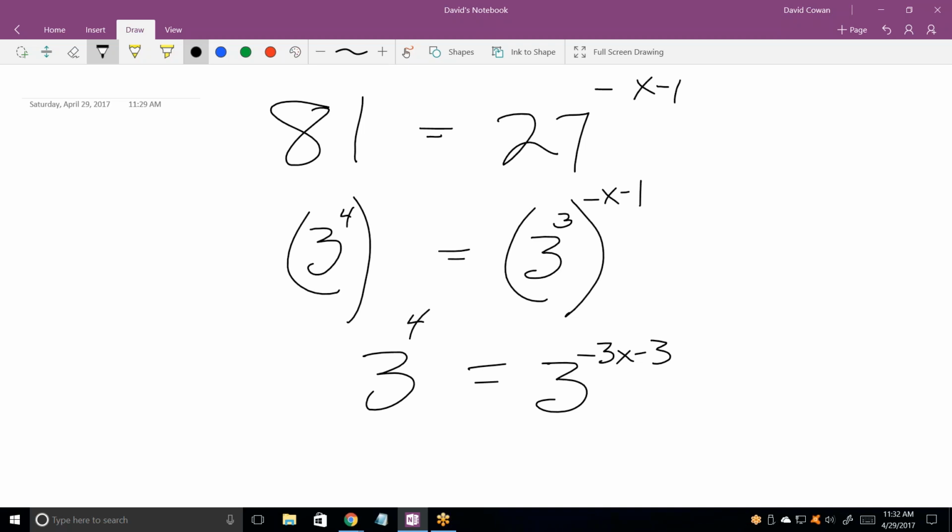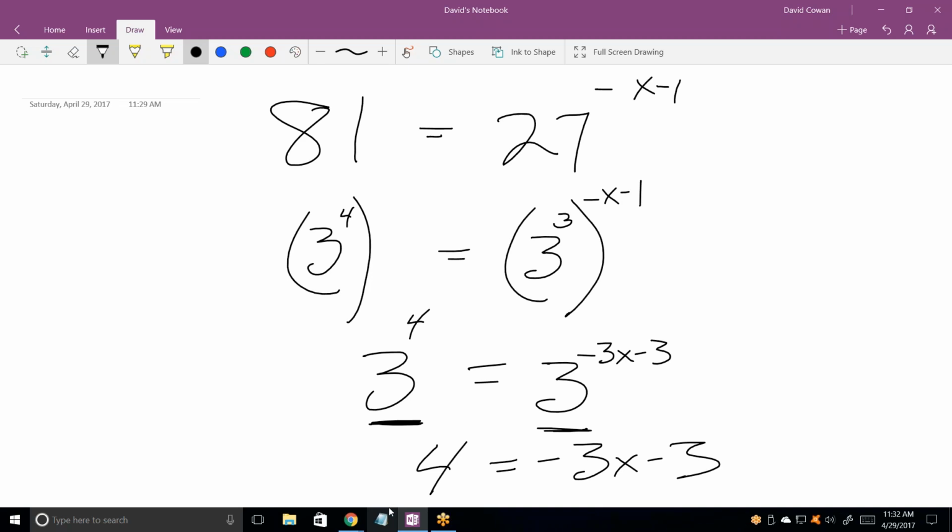Now, I got same base to one exponent equals same base to a different exponent. What can I do with those exponents? You can equate them. In other words, they have to be the same, right?